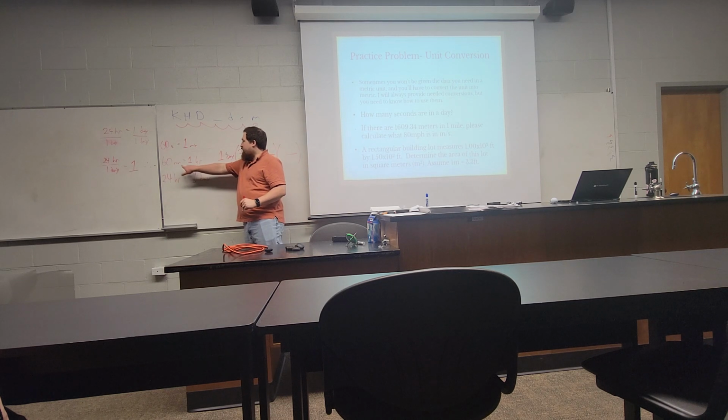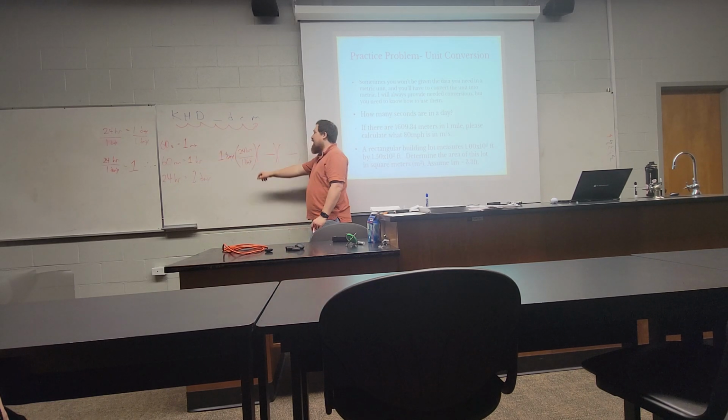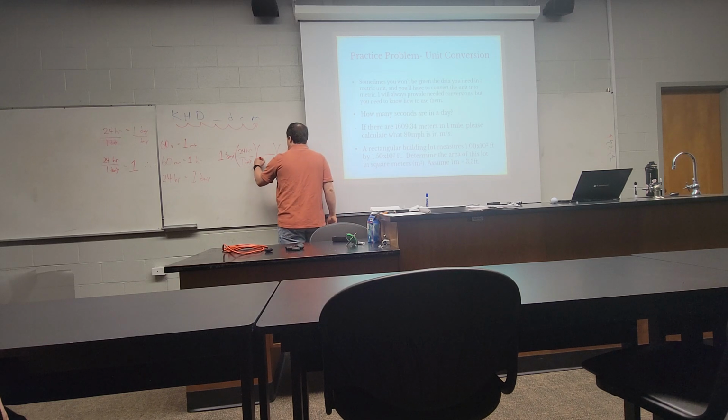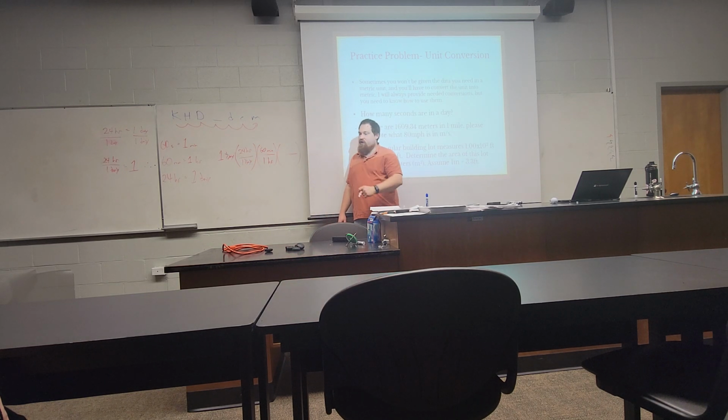The next link is going to be turning hours into minutes. 60 minutes is 1 hour. Again, I can turn that into a fraction that equals 1. And since I want to cancel out hours, I need to make sure that the hours part is on the bottom and the minutes part is on the top. If you are using this method, you need to make sure that the unit you want to get rid of is put in the right position to cancel out with its counterpart so that you are left with the unit you want.